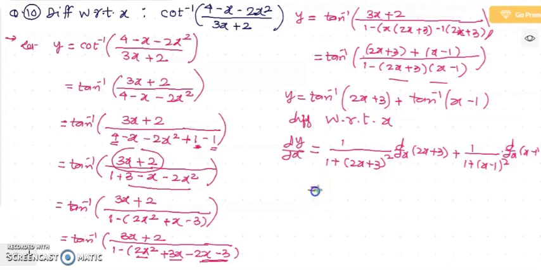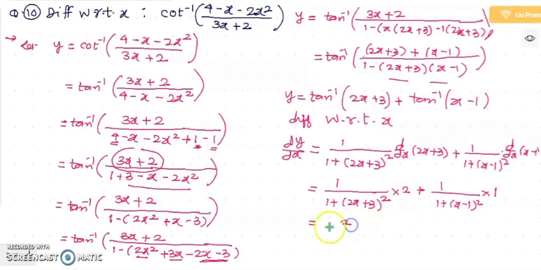That equals 1 upon 1 plus 2x plus 3 whole square into 2, plus 1 upon 1 plus x minus 1 square into 1. So, dy by dx is 2 upon 1 plus 2x plus 3 square plus 1 upon 1 plus x minus 1 square, and that's enough.